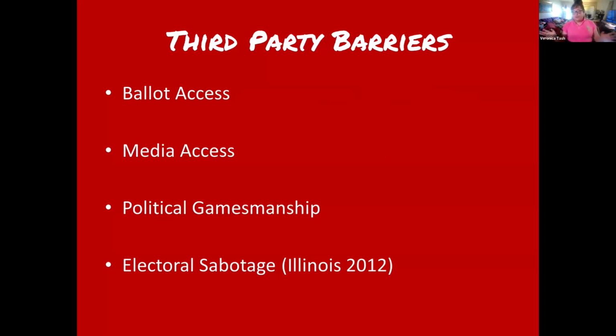Our big barriers to getting in here: we have the lack of ballot access. It's a huge struggle to get on there. I know in Michigan, it was estimated 15 years ago that it would cost about $50,000 in paid petitioners to get on the ballot.